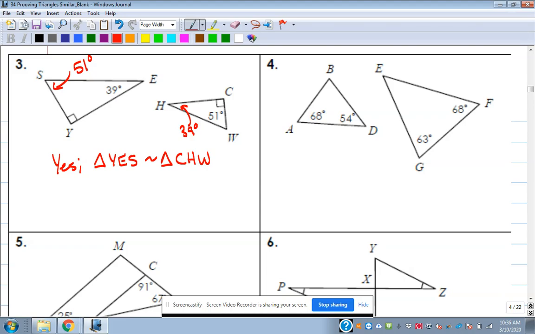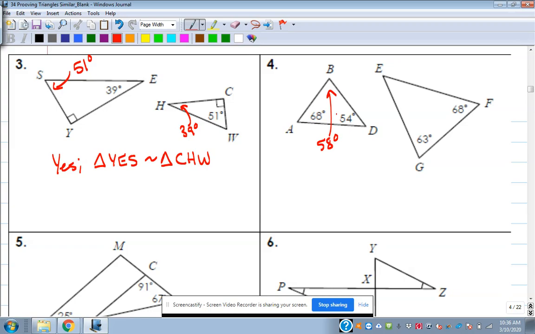You got a 68 and a 54, and here we got another 68 and a 63. Why are they not? It doesn't equal 180. This one would have to be how much to be the right thing? 122, be 58, wouldn't it?